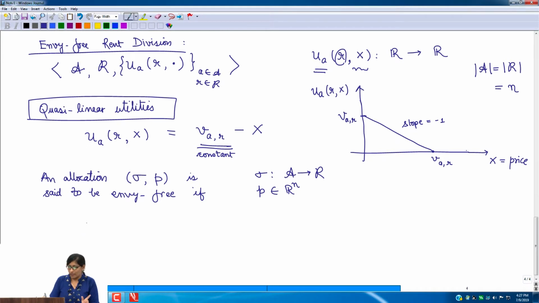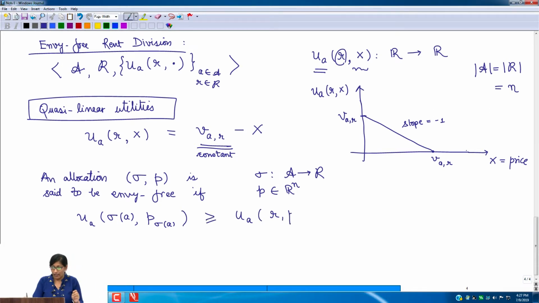So mathematically I can write it as: U_A of getting room sigma(A) at price p(sigma(A)) must be at least the utility he is achieving from any other room at its price, under the imposed rents p.